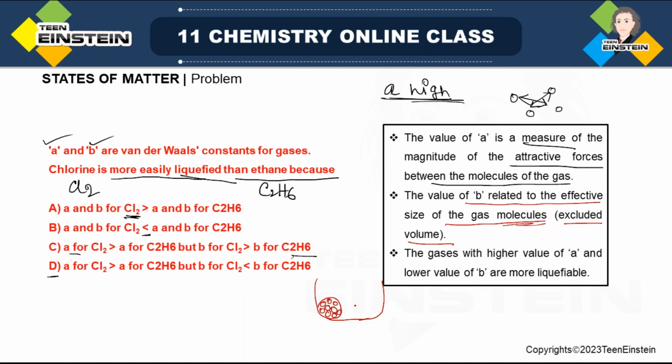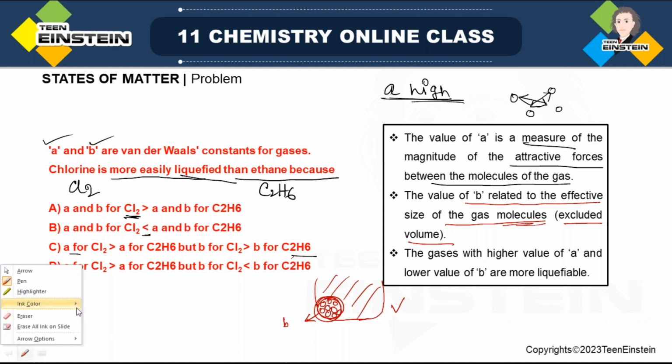I am just saying, suppose you bring them close to each other, that means this is the total volume compared to the volume available in the space. So suppose the volume available is V, and these particles together occupy a small volume v. That means this amount of volume is not available for the movement of these particles.